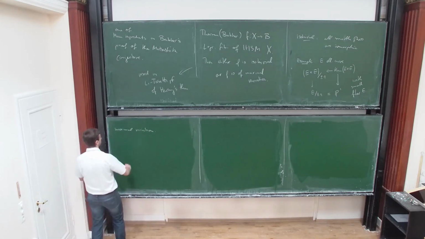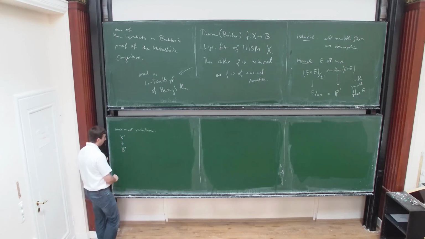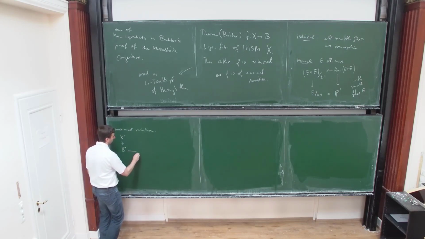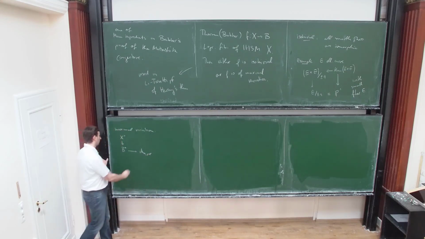If you have X0 over B0, then you should get a map from here to the moduli space of abelian varieties, together with some polarization.